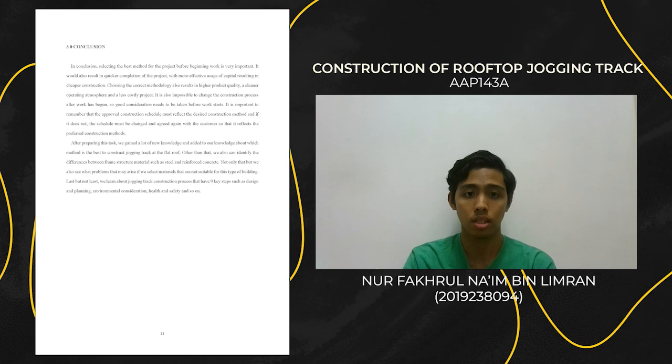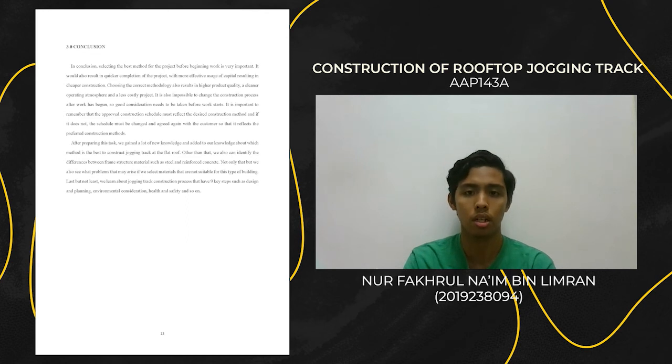After preparing this task, we gained a lot of knowledge about which method is best to construct a jogging track on a flat roof. Other than that, we also identified the difference between frame structure materials such as steel and reinforced concrete.